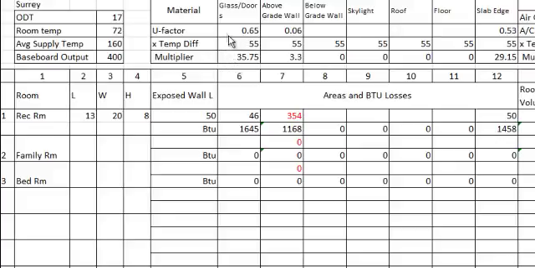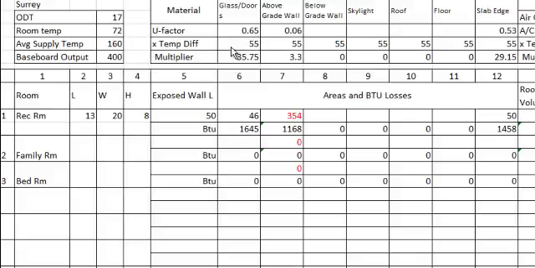Our U factor is derived from our heat loss factors tables for different materials, on page 1-5, and you'll find windows there, 1/4 inch airspace, double glazed in the top left portion of the table, and that shows a value of 0.65, so we record that right there.